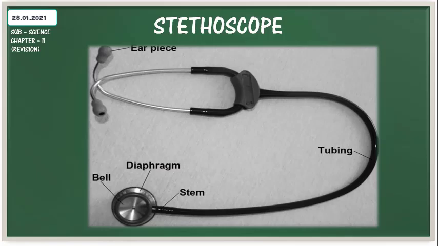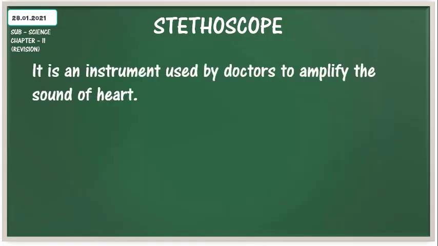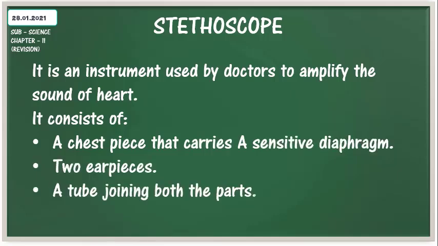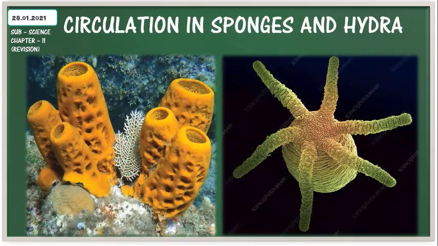It is used by doctors to amplify the sound of the heartbeat. It consists of a chest piece that carries a sensitive diaphragm, two separate earpieces, and a tube joining both the parts. Doctors get to know about the condition of the heart by listening to the sound through a stethoscope.